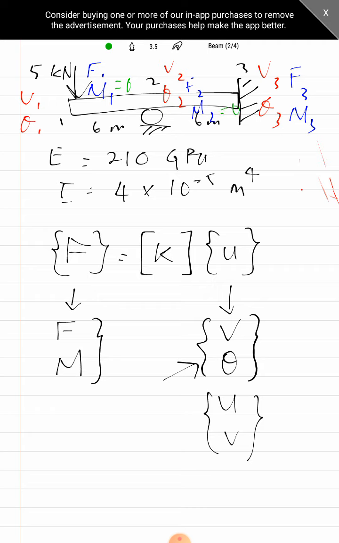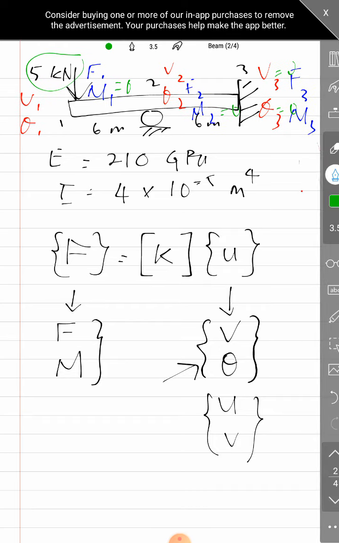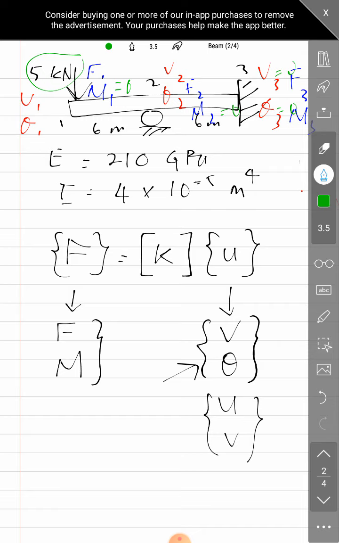And at node 1 again, our F1 is 5 kilonewton. At node 3, your V is 0, your theta is 0. So basically we have 5 boundary conditions that can be applied.